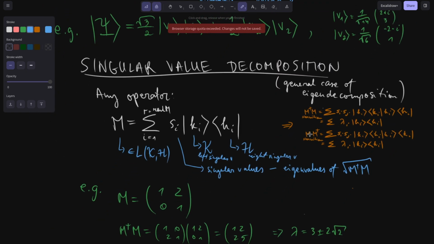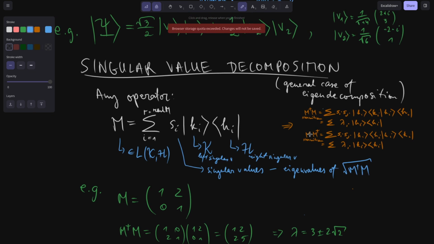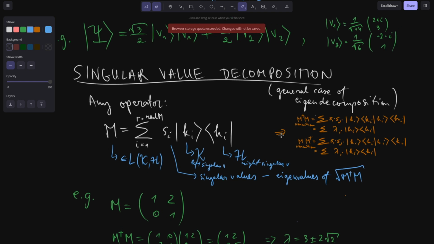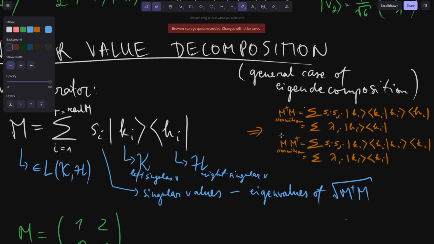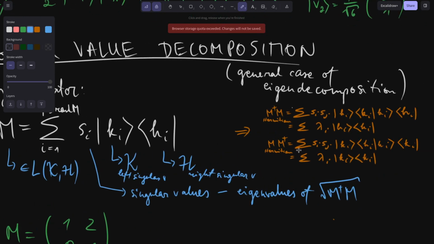Alright, and that leads us to our final decomposition, which is singular value decomposition. This is mostly used for operators, so it's like a general case of eigendecomposition. Again, we can imagine it as some kind of operation on M dagger M or M M dagger.